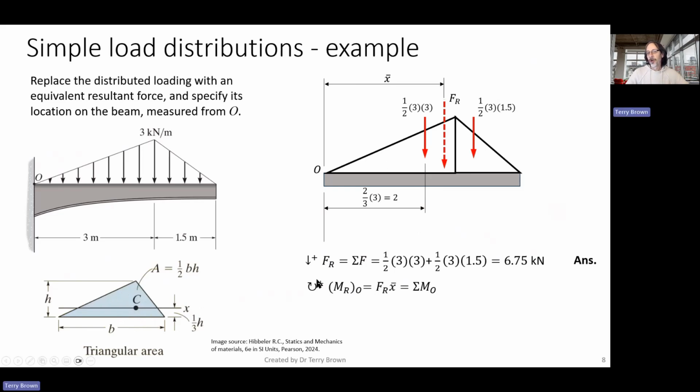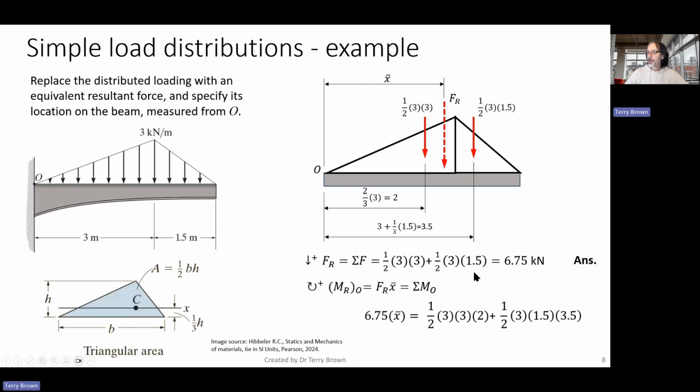The distance from the base to the centroid, coming horizontally, base is here, so a third of this distance along here. So from point O to over here will be 2/3. And then similarly for this one, base is here, so the position along here will be 1/3 of this length. So that will be 1/3 times 1.5.